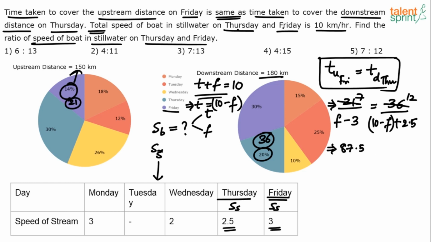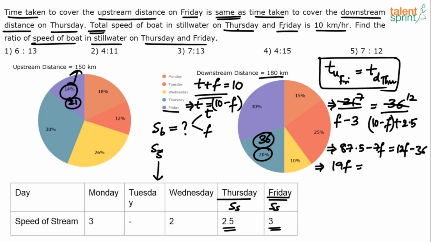87.5 minus 7F equals 12F minus 12 into 3, which is 36. Simplify this. What do we get? 12F plus 7F is 19F equals 87.5 plus 36.